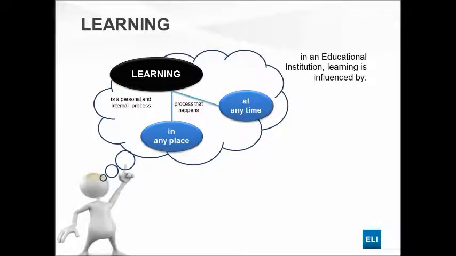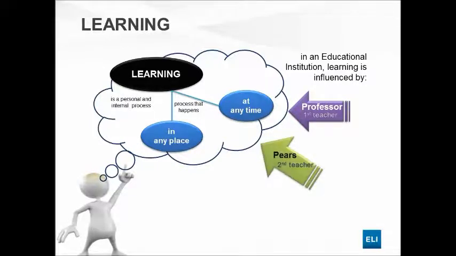However, in an education institution, learning is influenced by the professor that is called the first teacher, but we know that we also learn from our peers, other students. That's why we call them the second teacher, but it's also understood that we learn from the environment, so we call this the third teacher.